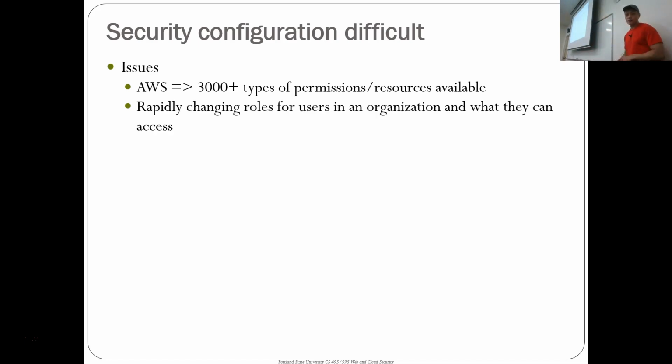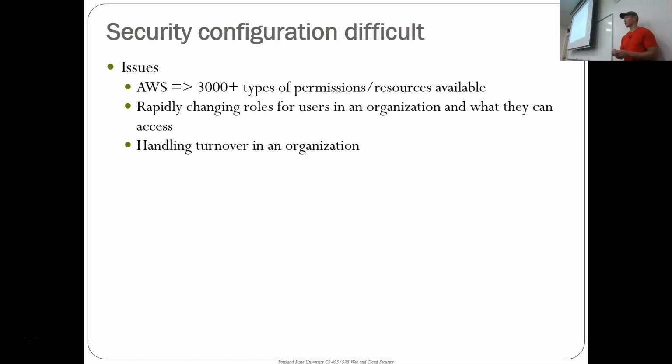You have another problem where you have users on the cloud, and we're talking about the users not as your application users, but as the developers and the people in your organization. Those people have roles that are always changing throughout the lifetime of their career in your company, and you have to keep on changing their access, otherwise you'll end up like Twitter and have that person have access to data that they shouldn't.